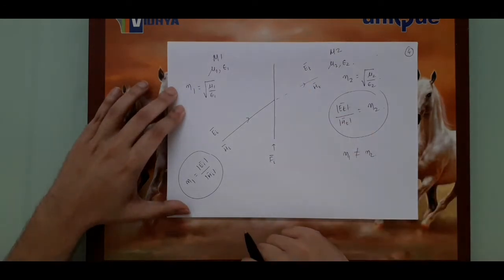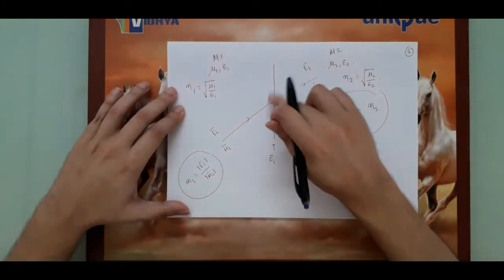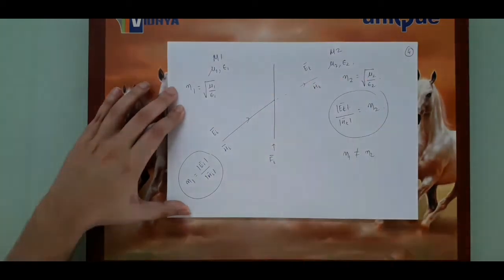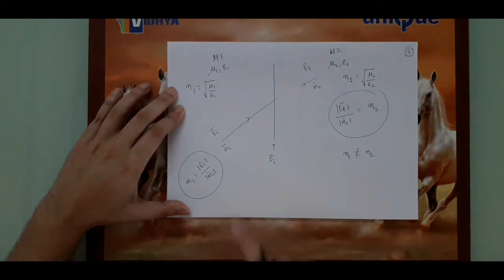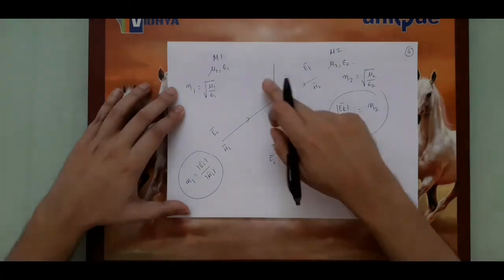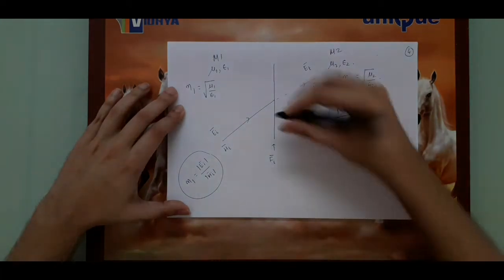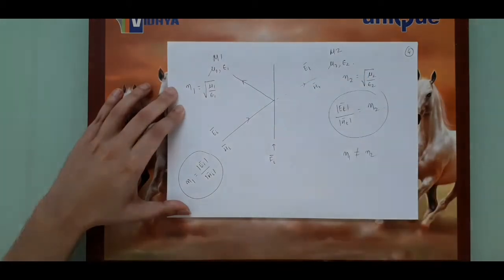So therefore, to satisfy the boundary condition, some additional field will be induced back in medium 1. And this induced field, both E and H, which is induced back in medium 1, also comprises a wave.